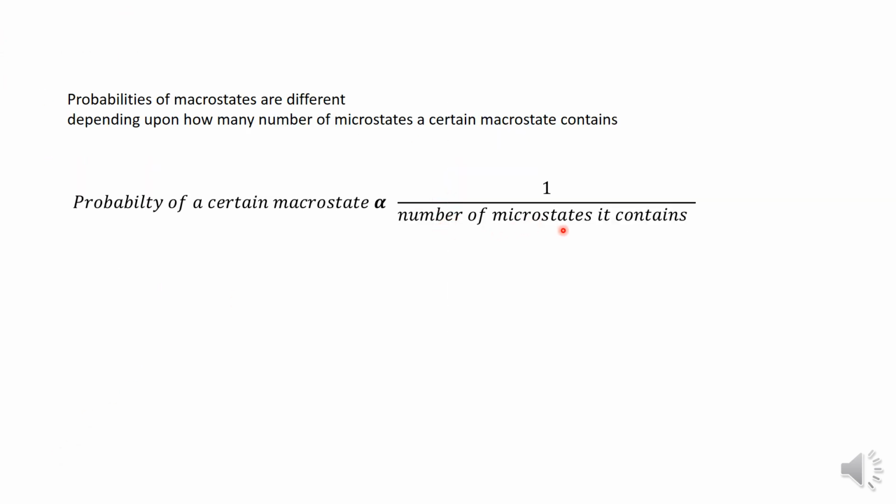The probability of a macrostate is larger the more microstates it contains. Here something is wrong. It should not be inversely proportional but proportional to the number of microstates.